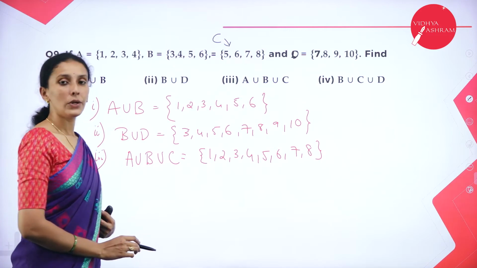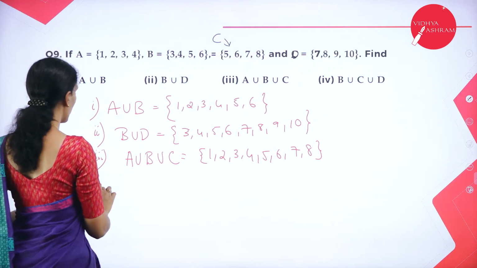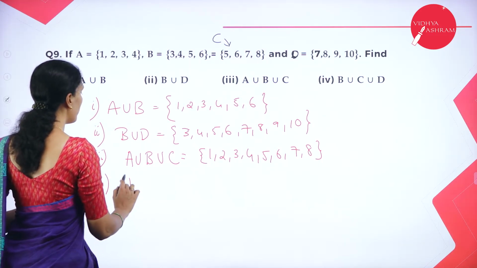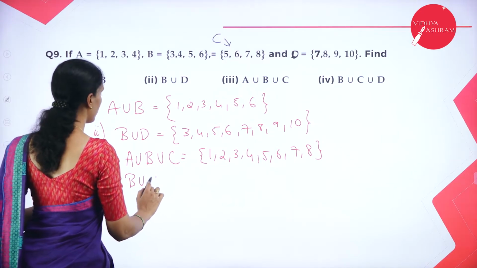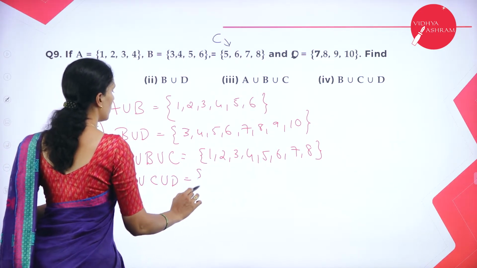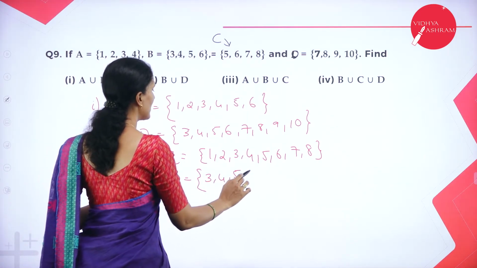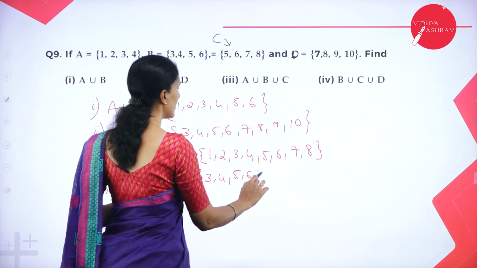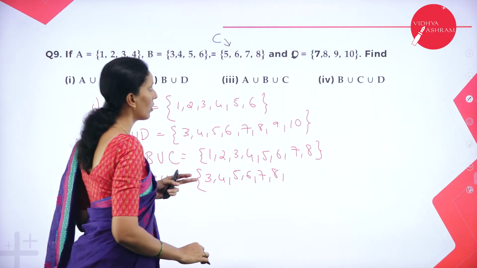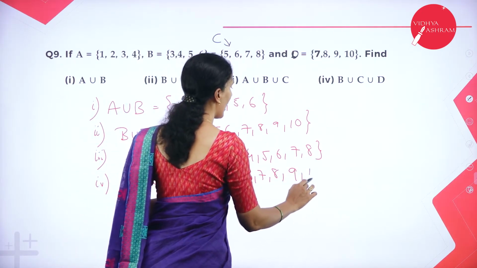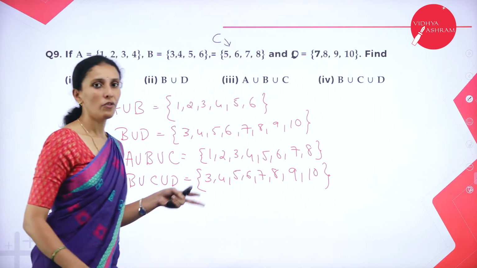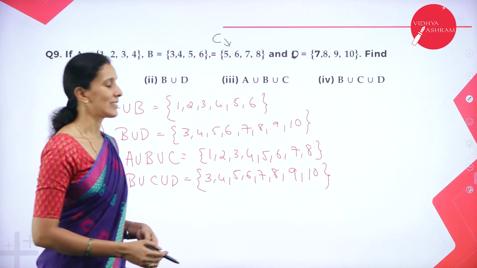Next, B union C union D. So take all the elements from B, C, D. B is 3, 4, 5, 6. C is 5, 6, 7, 8. And D is 7, 8, 9, 10. So this is how we will write the union of the sets.